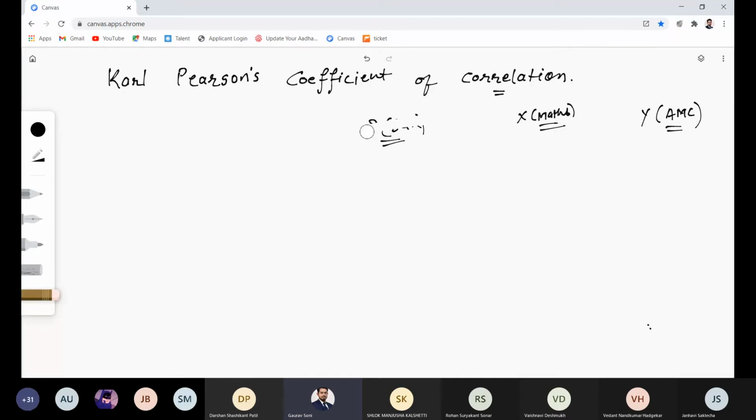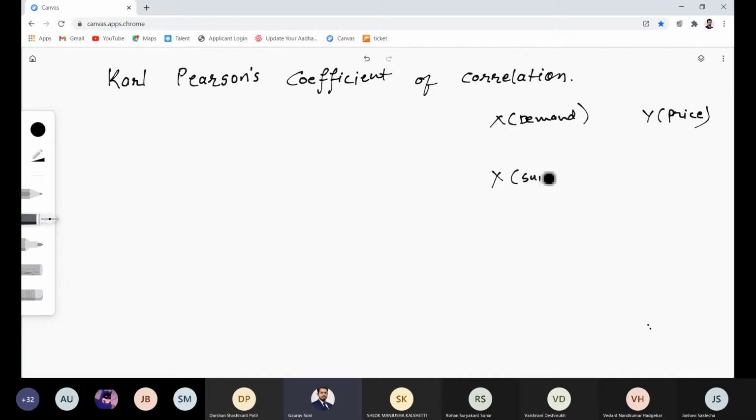In the introduction, I also told you that they may be related positively. The example we have seen was demand and price. X is demand, y is the price. In the other, x is supply, y is price.